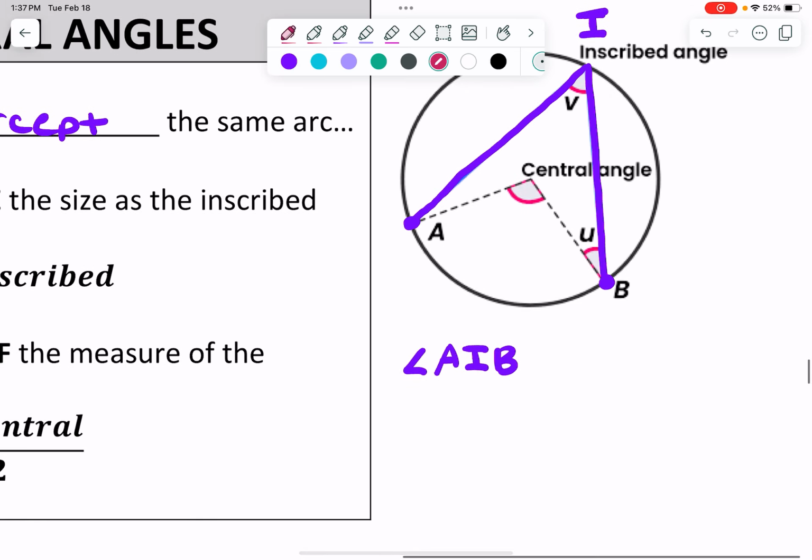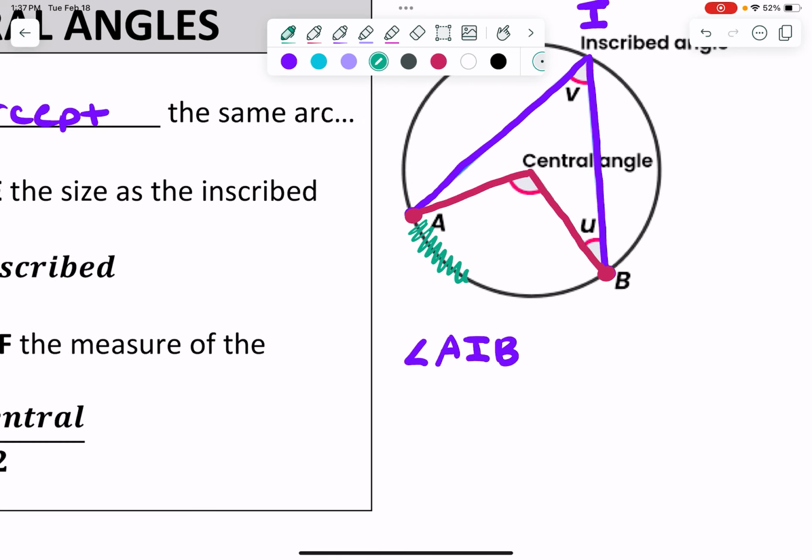We also have a central angle that has the exact same endpoints, which is where we can say it intercepts the same arc, because both the inscribed and the central angle cut this arc out of the circle. And so central angle, we'll call that middle point C.